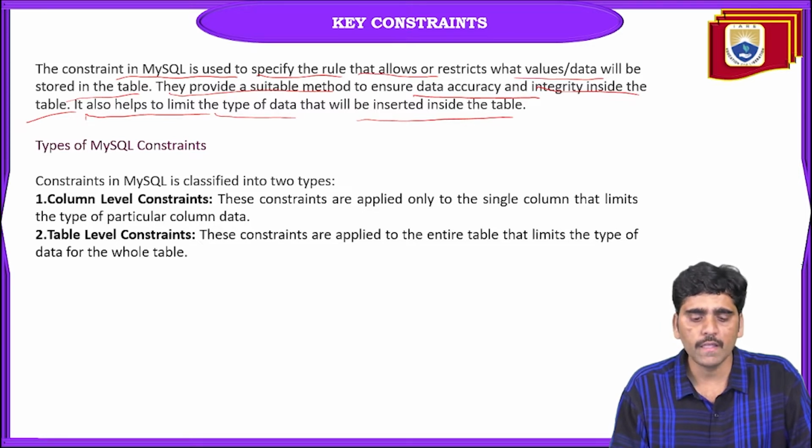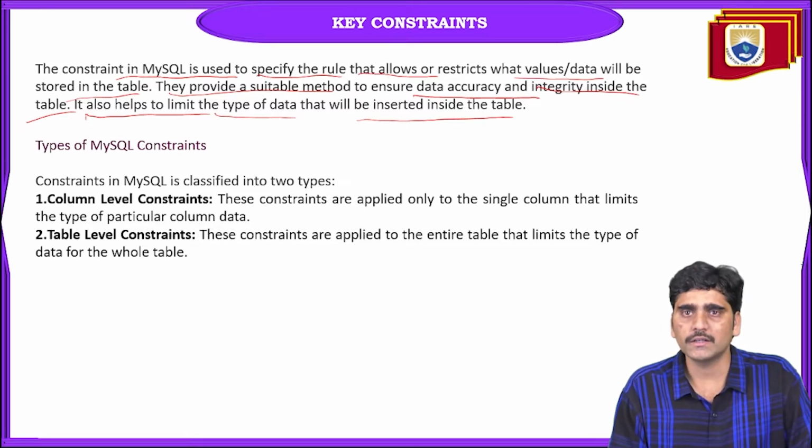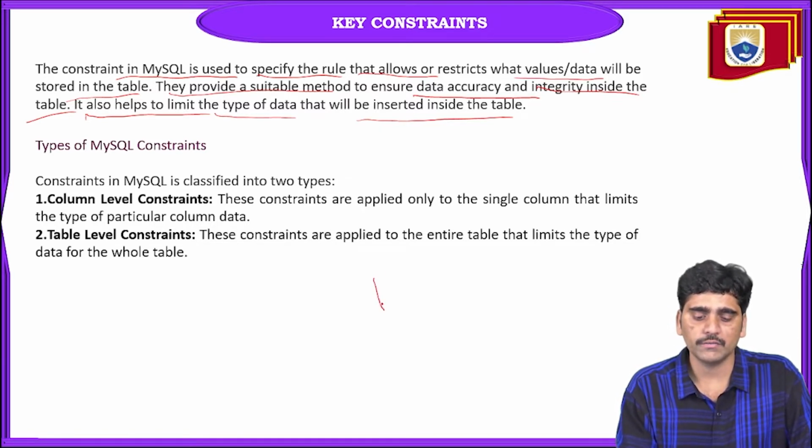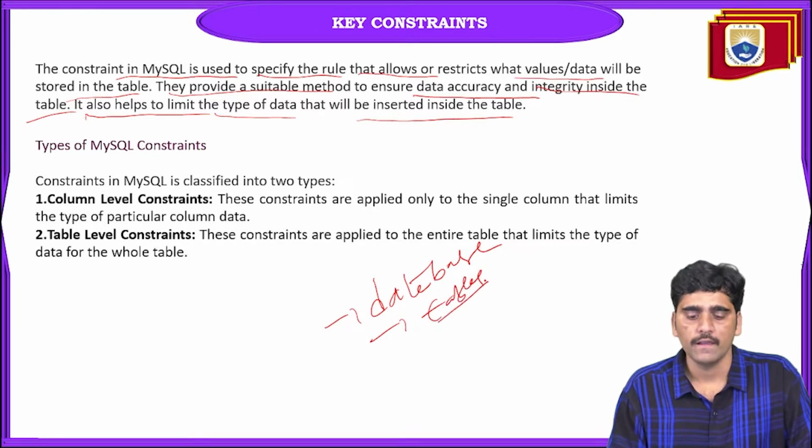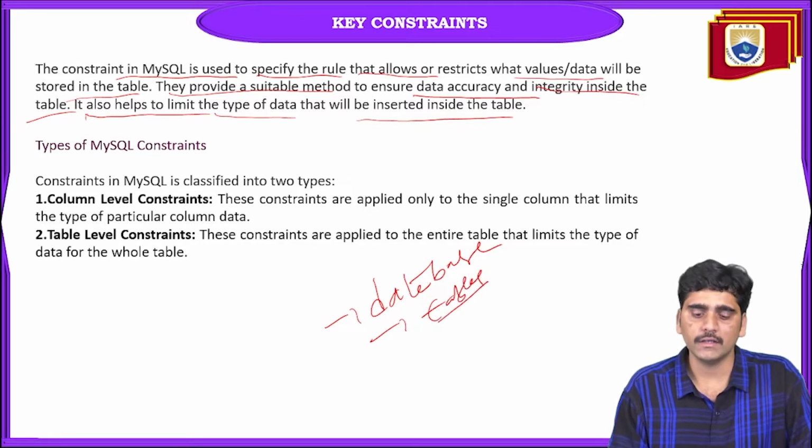So what are the different types of constraints we are going to apply in the tables or database? First of all, we have to create the database. After that we are going to create the tables, right? So we can apply the constraints to the tables, and a table can also have columns.